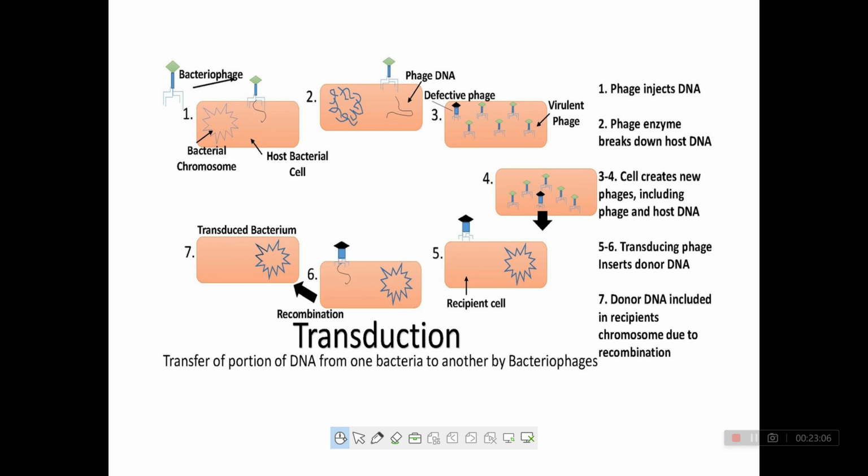So first, see how the transduction process takes place. This is a virus, that is a bacteriophage. This virus contains DNA, genetic material. This virus comes and attaches to the bacterial cell.